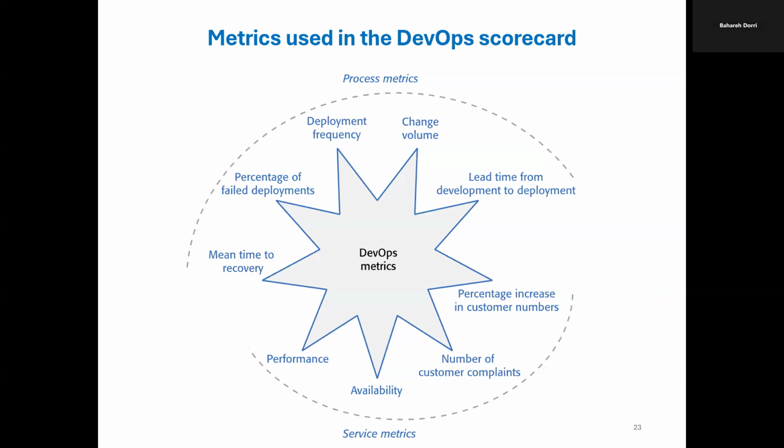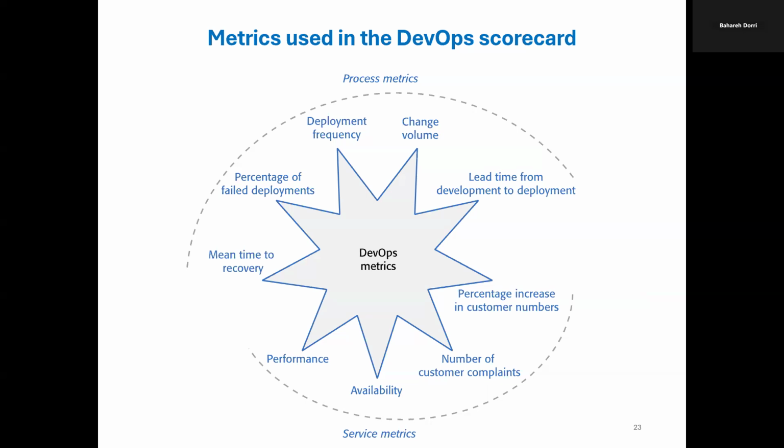Deployment frequency means how often we are releasing code, and high performing DevOps teams aim to deploy multiple times per day. Change volume: how big or complex are these changes? Smaller incremental updates tend to be safer and easier to manage.